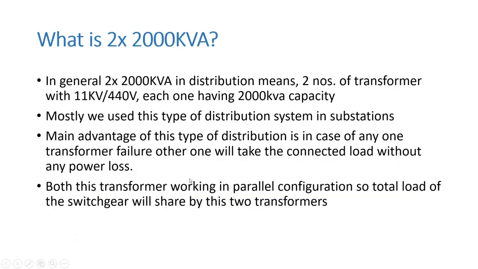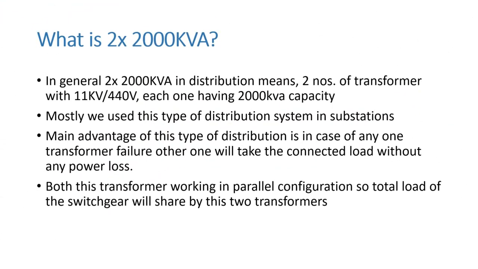So let us start with what 2 into 2000 kVA means. In general, 2 into 2000 kVA distribution means two transformers, each having a rating of 11 kV by 440 volt, and each with a capacity of 2000 kVA. Generally, it is written in the terms of 2 into 2000 kVA.